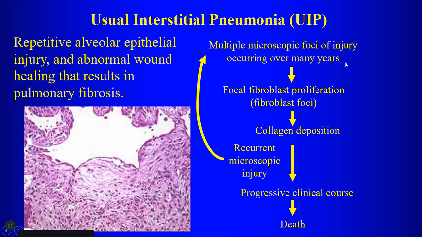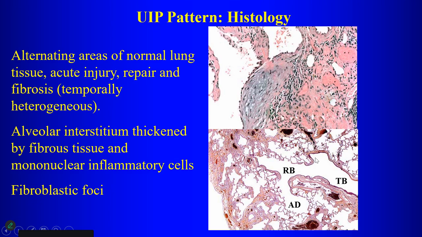So there are multiple microscopic foci of injury, fibroblast proliferation, collagen deposition, and it's recurrent injury. So different parts of the lung will be at different stages of repair, and it progresses, unfortunately, in many cases. There will be alternating areas on pathology of normal lung tissue, acute injury, repair, and fibrosis. So that's called a temporally heterogeneous pattern.